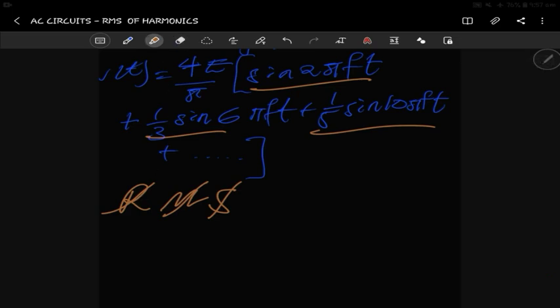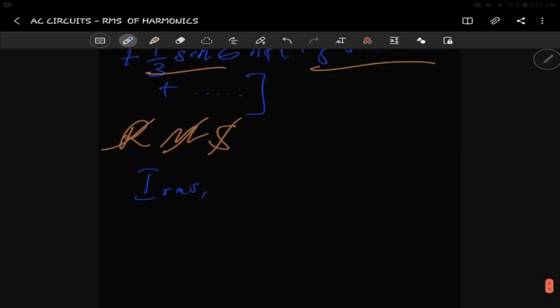We talked about RMS, but then we got to know that when we're trying to find the RMS of sinusoidal quantities, let's say the RMS, whether current or voltage, let's use current this time.